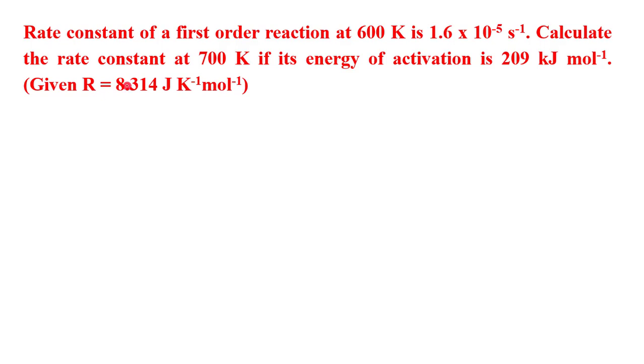Here they are asking for the rate constant at 700 Kelvin, meaning the K2 value has to be calculated, because at the lower temperature it will be the K1 value, and at the higher temperature it will be the K2 value. You are given the activation energy value also, and the R value is also given to you.